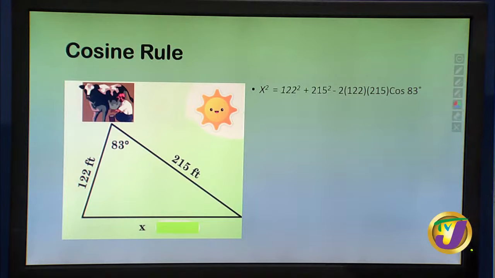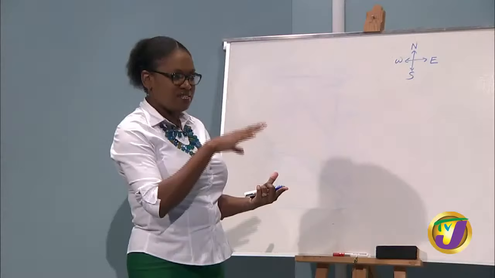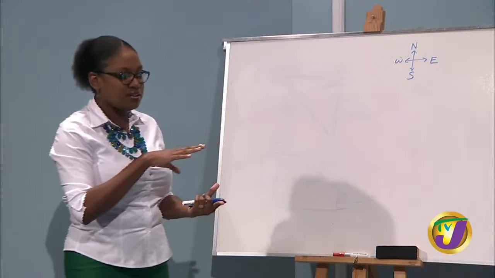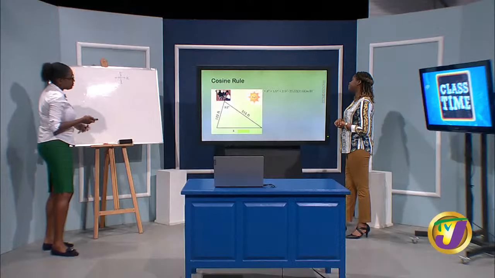times cos 83. And you know what I realized also, Nikisha? That the missing side is connected somehow to the angle. Yes. So the missing side is opposite to the given angle. To the given angle, all right. Yes.